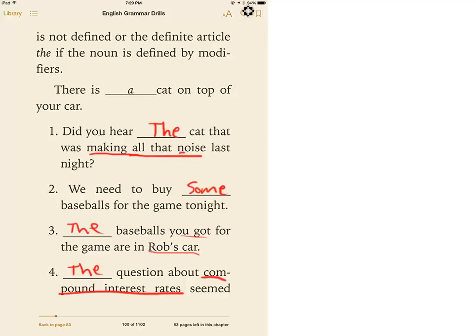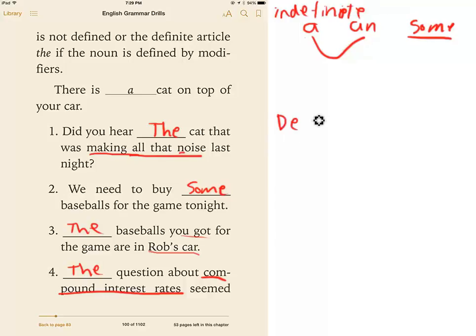So as a quick review, we've done two things. We've learned to use the indefinite articles a, an, or some. One is plural, this one is used with vowels, and this is singular. So singular and plural. And we learned when to use the definite article the.